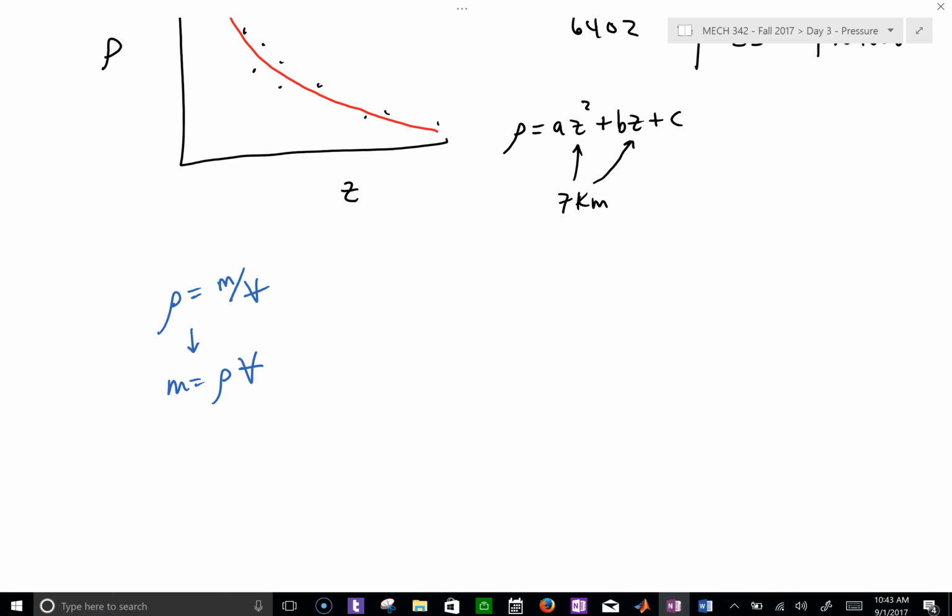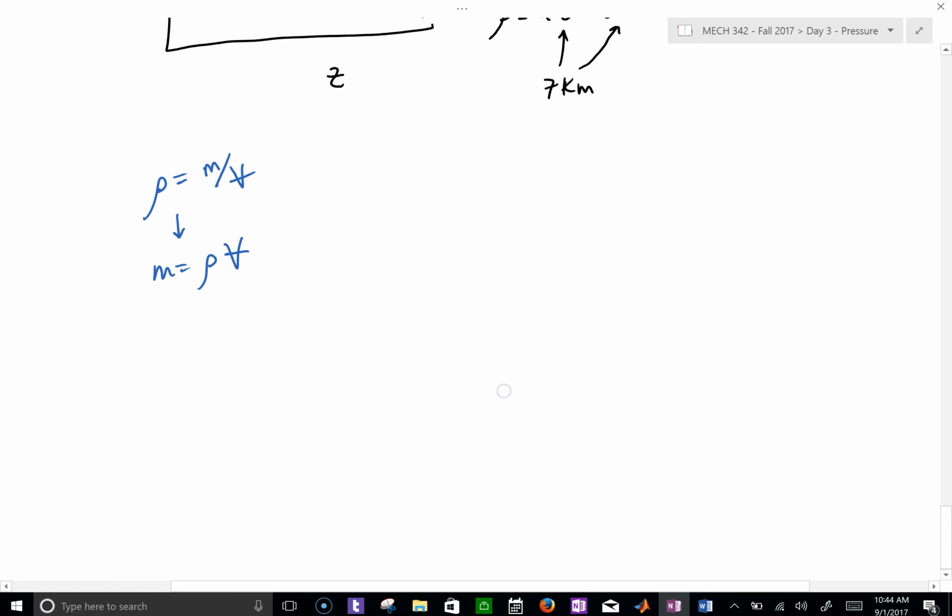But because the density changes, anybody want to guess what we do? Integrate. Yes.